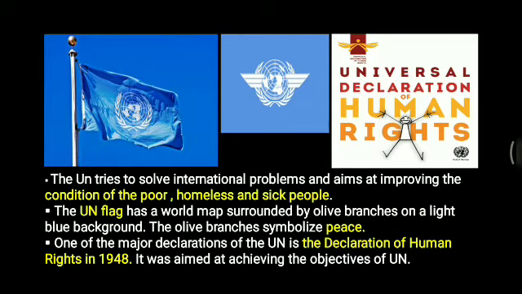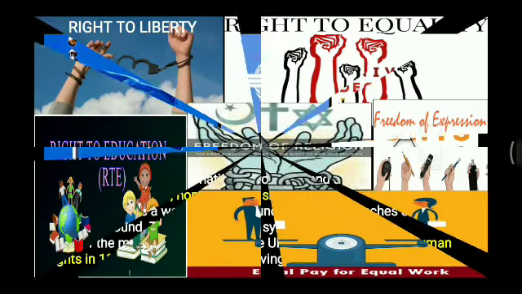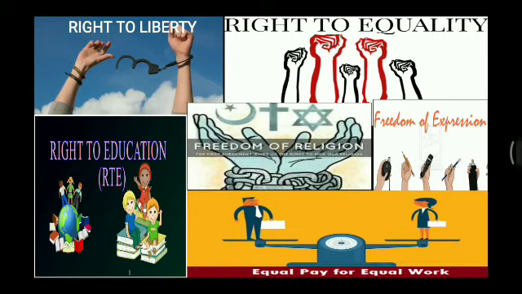Now, let's see some of the important rights mentioned in the declaration. The first one is the right to liberty. What is this right to liberty? It focuses on protecting individuals' freedom from unreasonable detention as opposed to protecting personal safety. You have a right to your personal freedom.